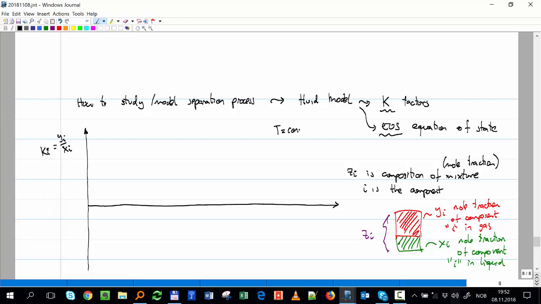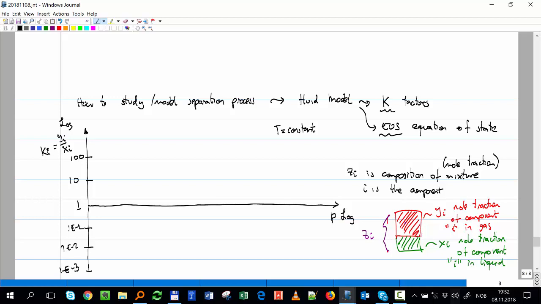And here they plot the pressure, again in log, and this is also log. So you have here 1, 10, 100. Here we have 10 to the minus 1, 10 to the minus 2, 10 to the minus 3.